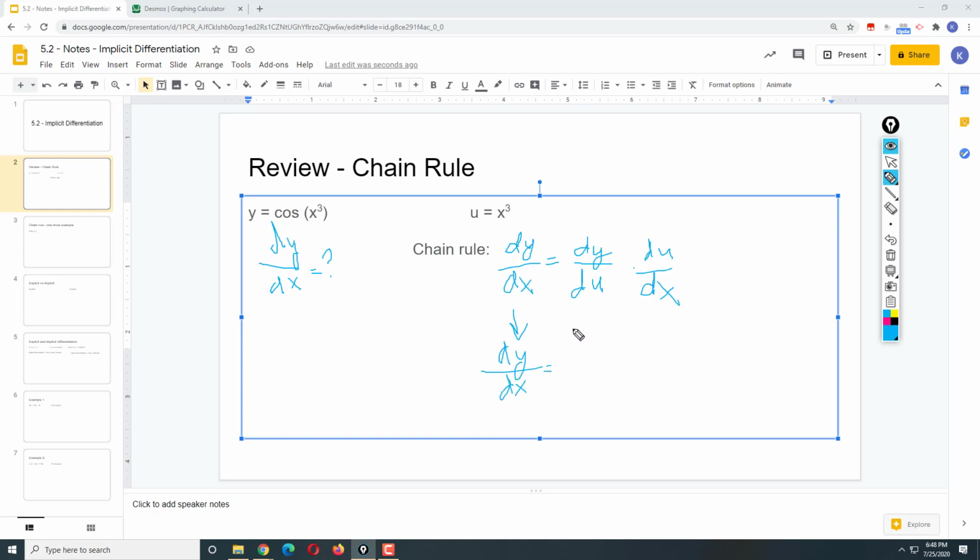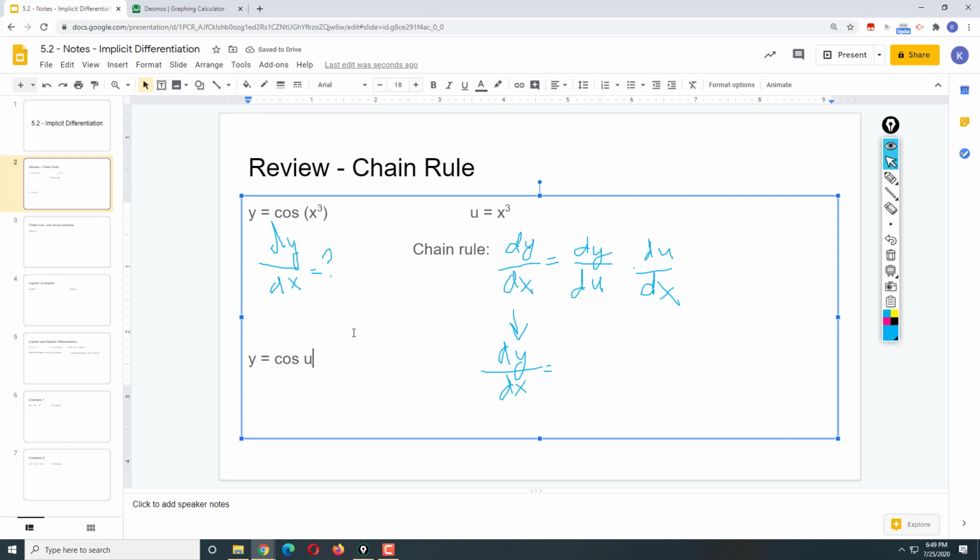Okay, what is dy over du? If y equals cosine of x cubed and u is x cubed, then that means that y equals cosine of u, not x, because u is x cubed.